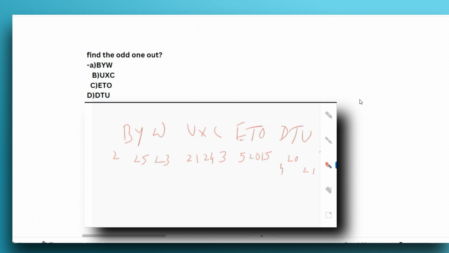B means 2, Y means 25, W means 23, U means 21, X means 24, and C means 3, E 5, T 20, O 15, D 4, T 20, U 21.